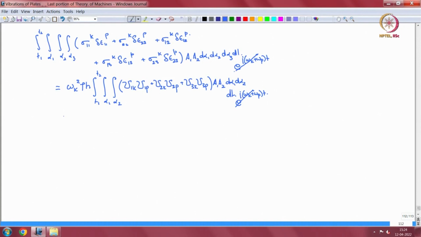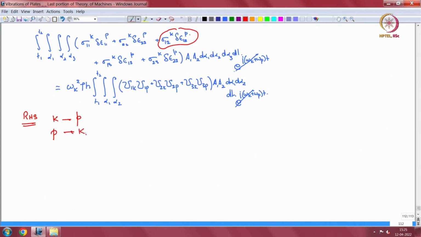Now if we look at a term like this, let me give you the idea first. On the right hand side, we are going to switch k with p and p with k.